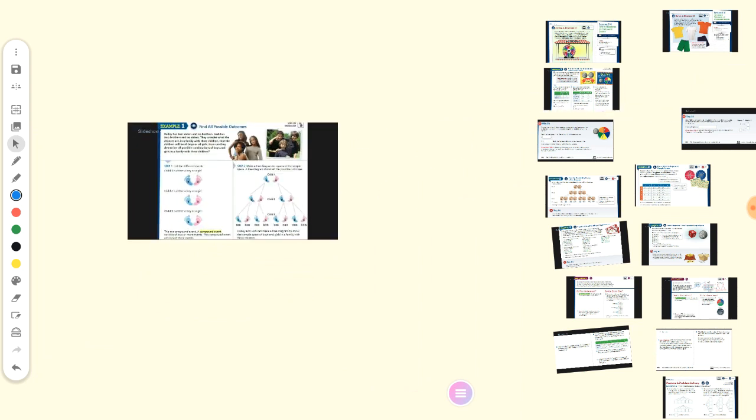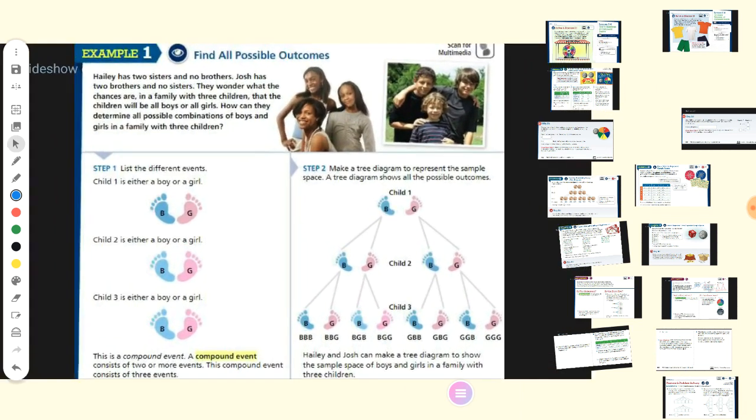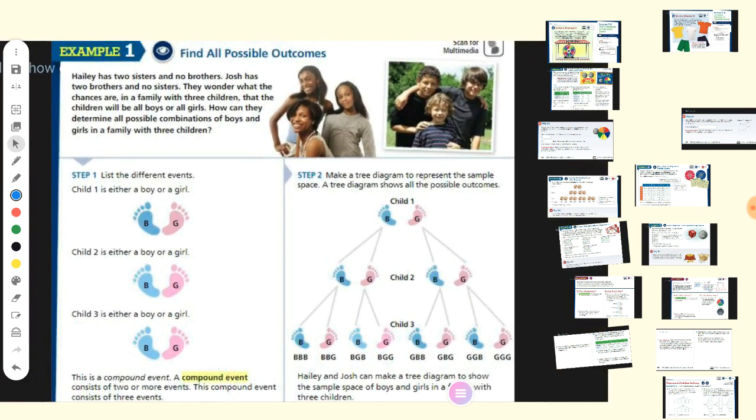First example. If a family wants to have 3 children, we want to list all possible boys or girls in the family. If we calculate it for 3 children, maybe the first time the mother and father get a boy or a girl. So this is the first child, child 1.